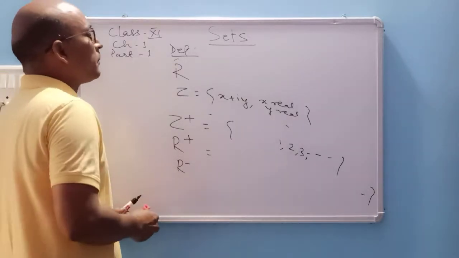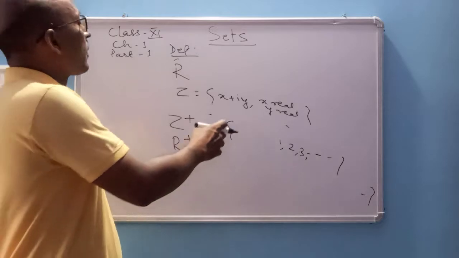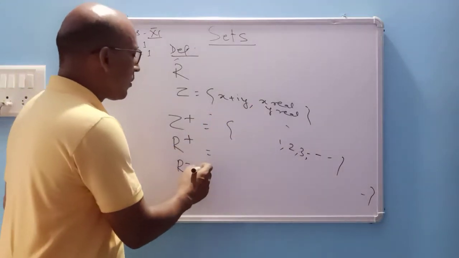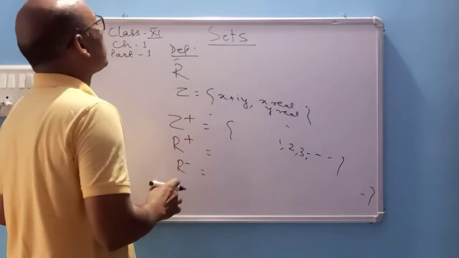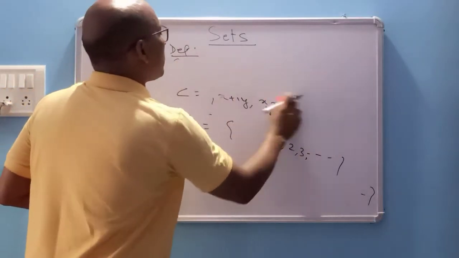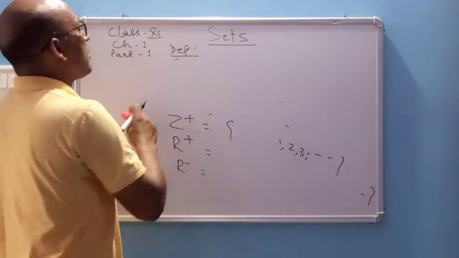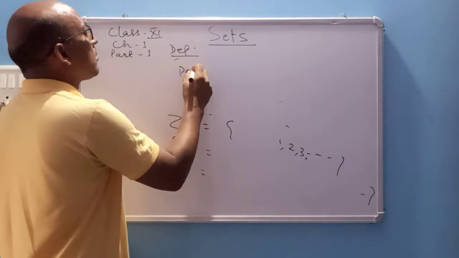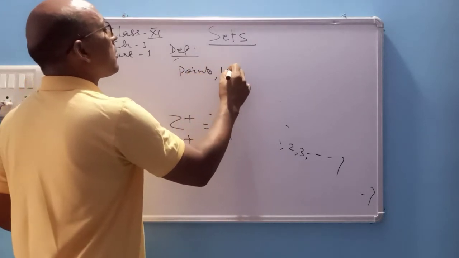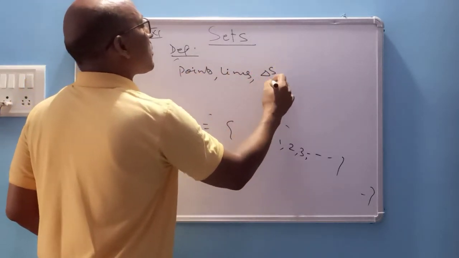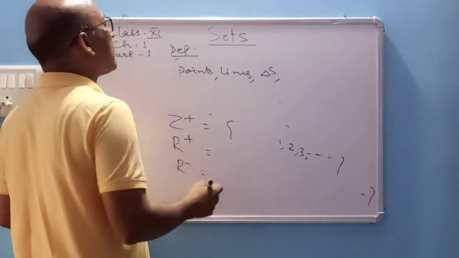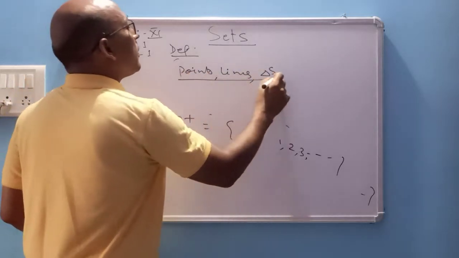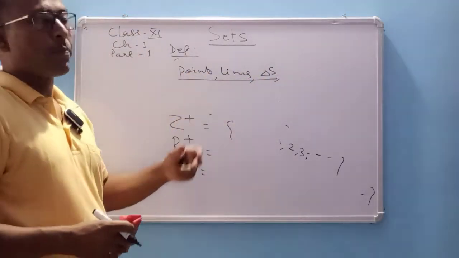Now, the objects of the set may be points. As we see in geometry, the objects are points, lines, triangles. These are the geometrical objects, and these may be the objects of a set.